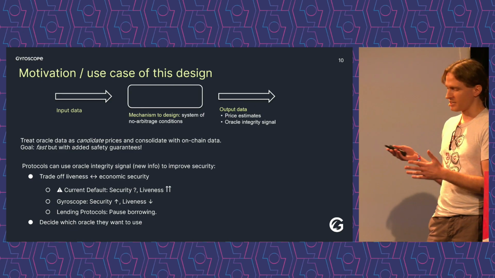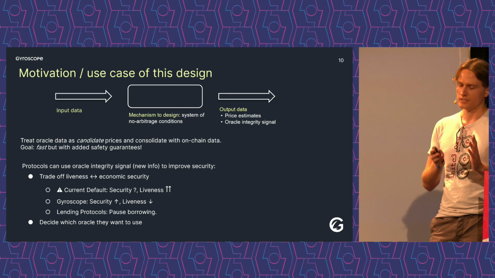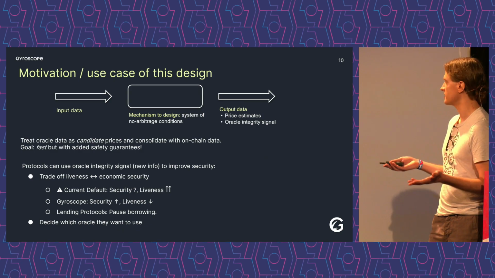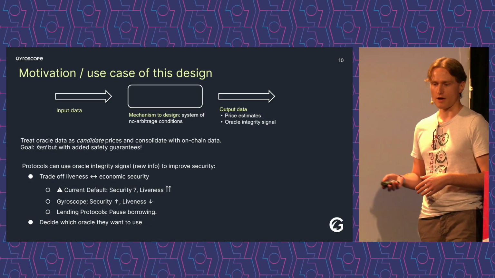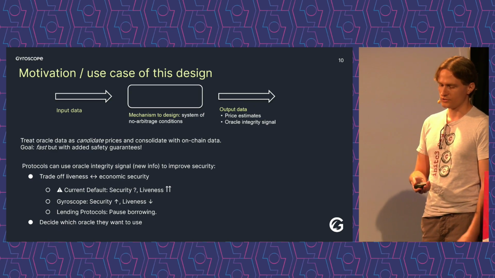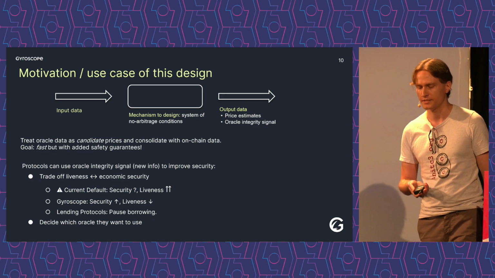You can think of this as a fundamental trade-off between liveness and economic security for a protocol. The current state is basically over-optimizing for liveness, always taking the Oracle price as true, and so having questionable security.